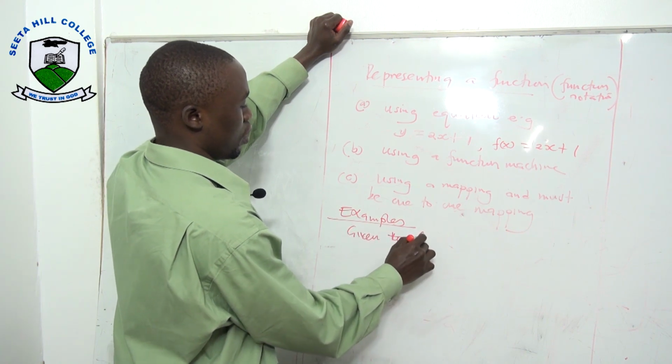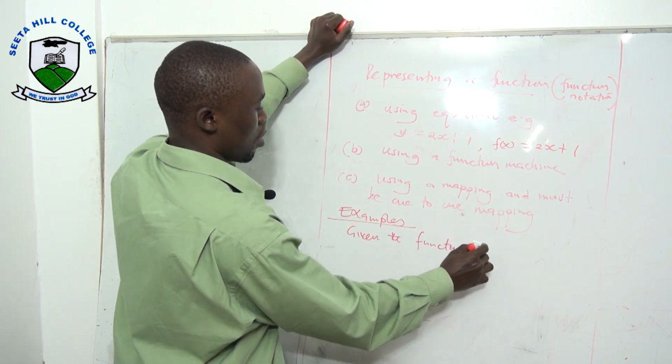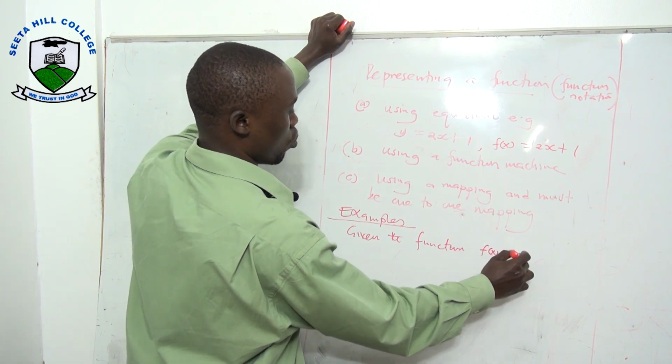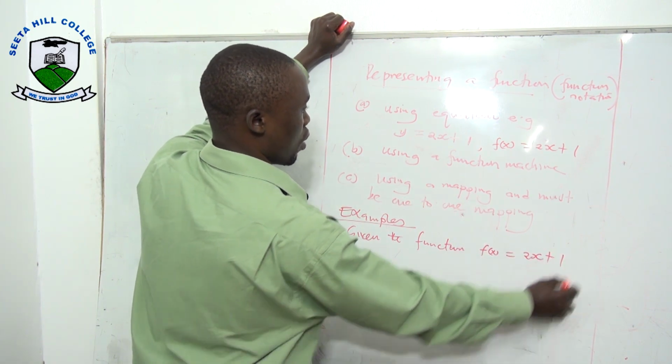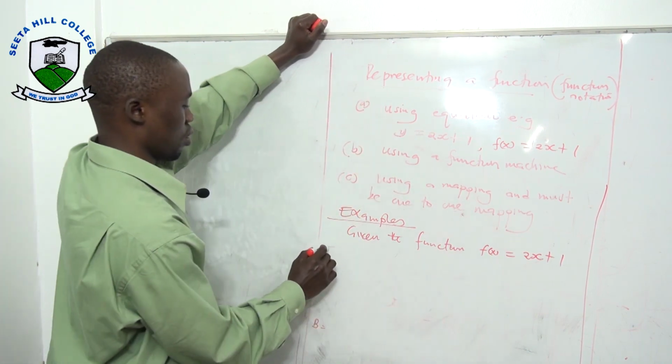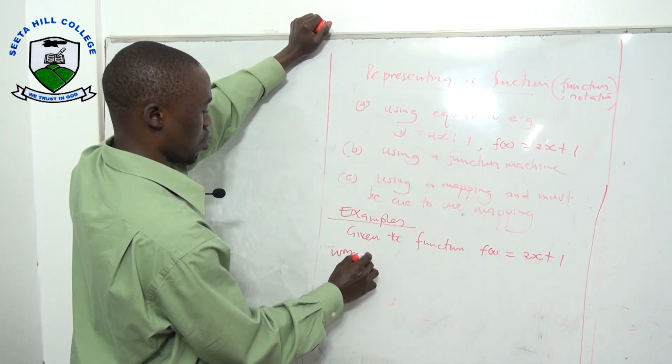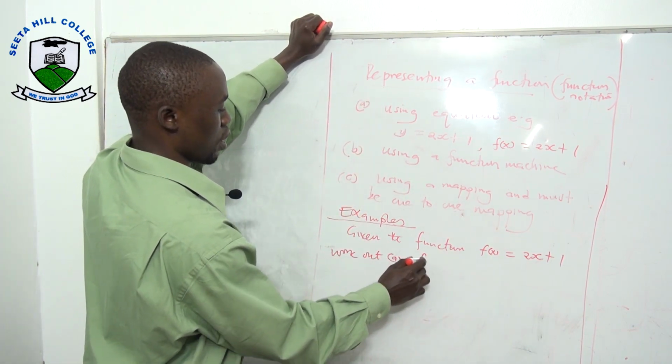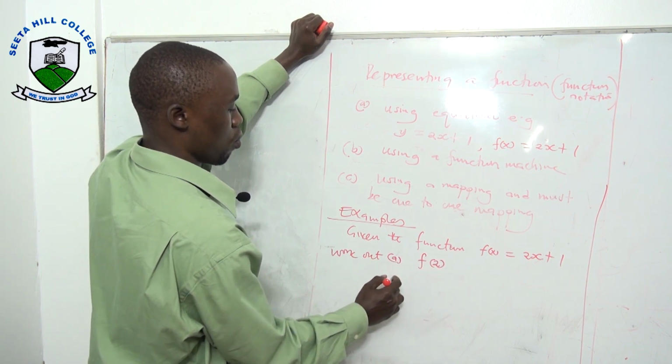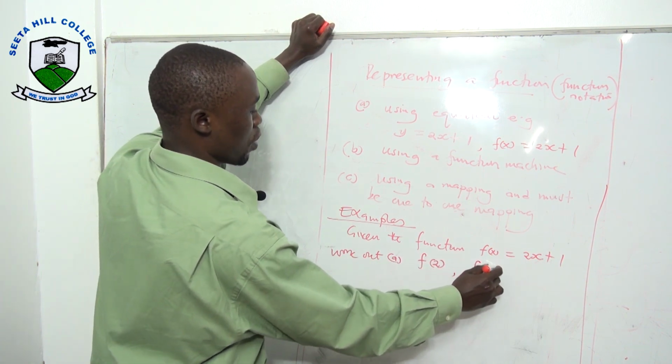Given the function f(x) equal to 2x plus 1, work out f of 2, f of -1.